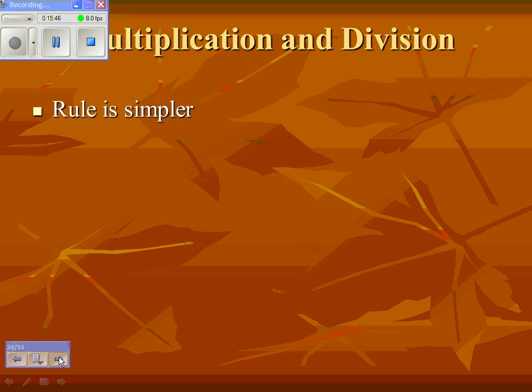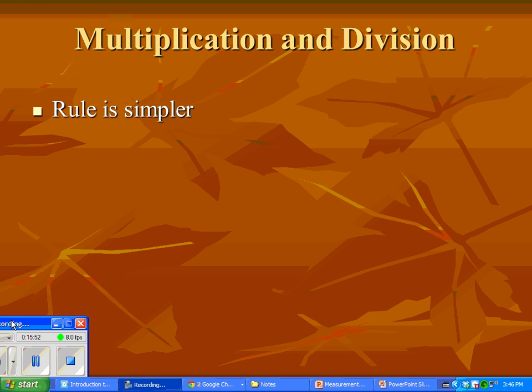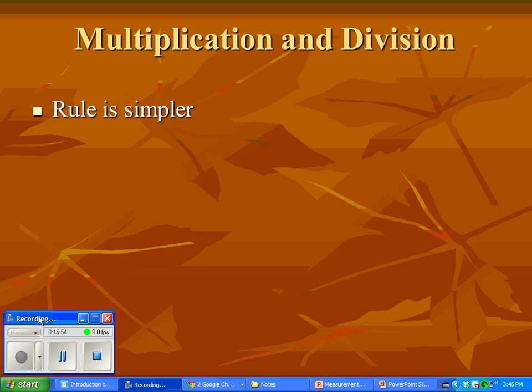Multiplication and division. For this, you just have to remember that you want to look at the numbers that are being multiplied or divided, and whichever number has the fewest significant figures, that's how many your answer is going to have.